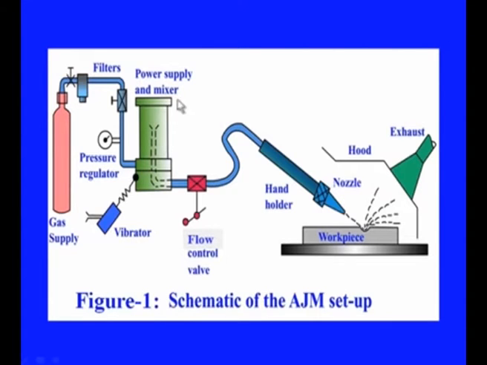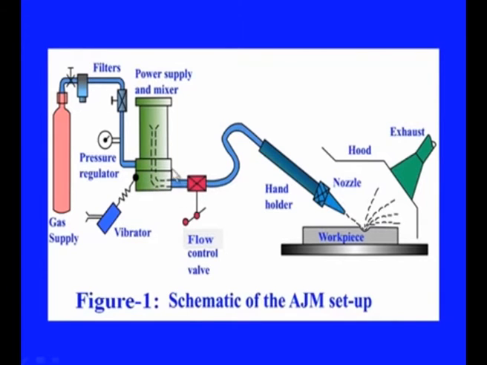Generally, tungsten carbide material is used for this chamber as well as this nozzle, which also experiences the high velocity abrading particles while flowing through this.